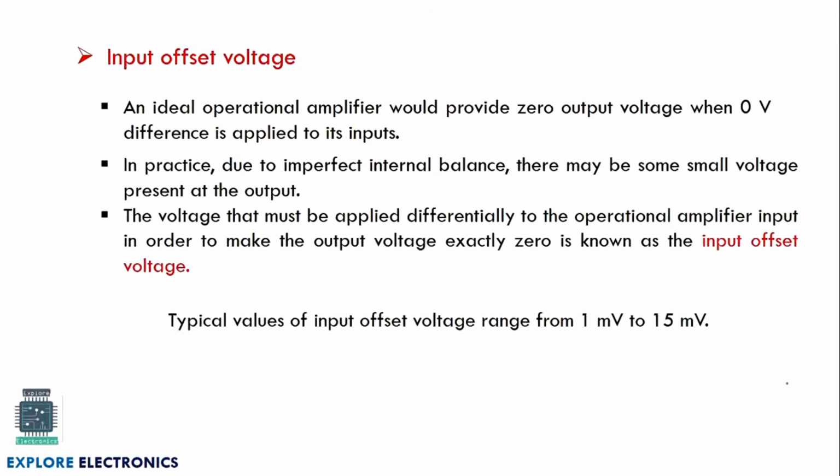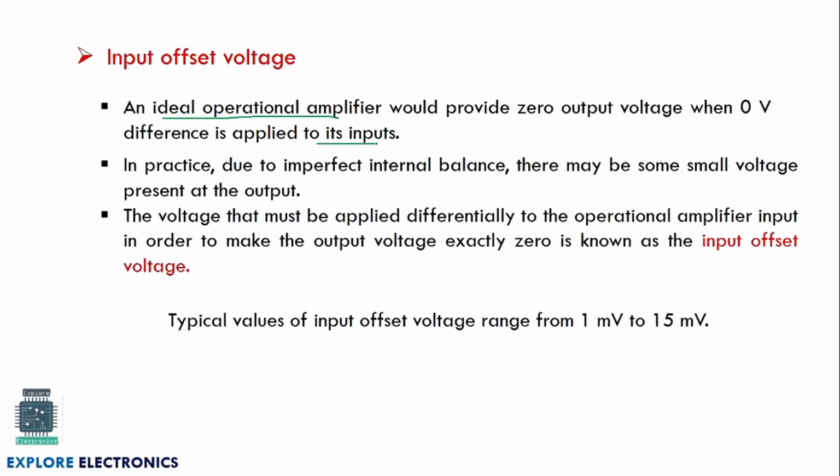And one more concept here, it is input offset voltage. If we consider an ideal op-amp, the output of that ideal op-amp should be 0 when no difference is applied to its input. Means the output should be 0 when there is no input. If it is not giving 0, if a small voltage is coming as an output, we say there is an internal imbalance in the circuit.